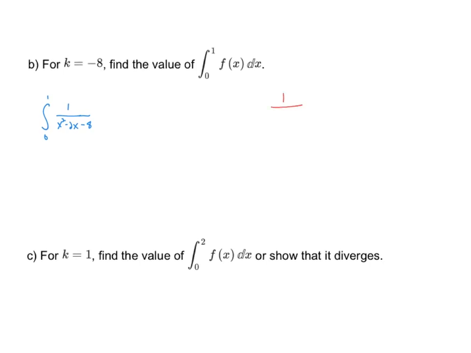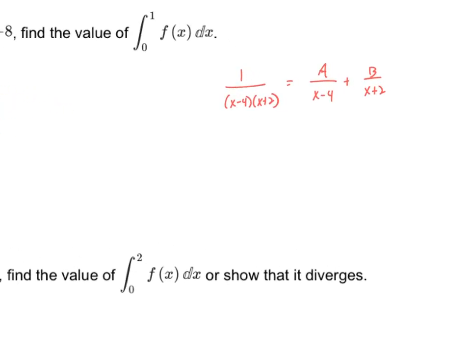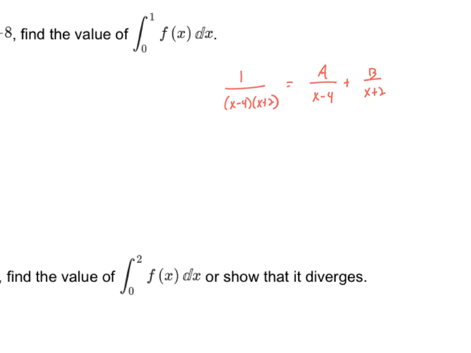So first we'll factor this, x minus 4, x plus 2, and then this will be A over x minus 4 plus B over x plus 2. Okay, and then just remember we'll start adding these, find a common denominator.